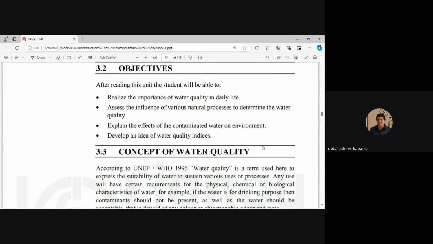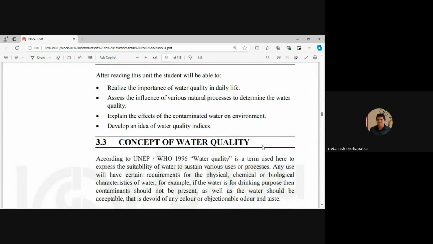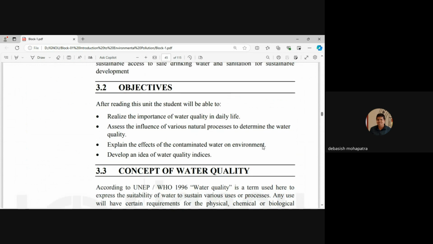Realize the importance of water, assessing the influence of various natural resources on water, assessing the effect of contaminated water on the environment.